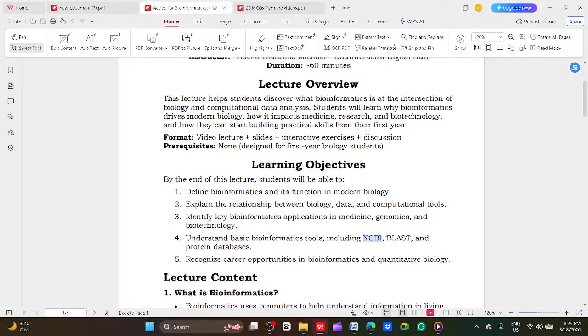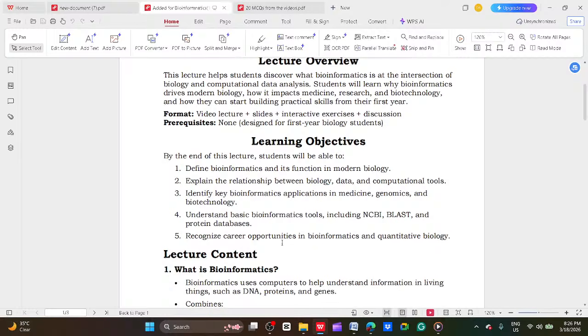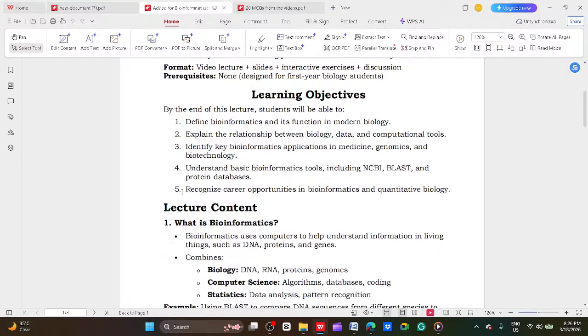We'll learn about this. Then BLAST, that is the Basic Local Alignment Search Tool. Protein databases, you should be able to use all these databases. Then recognize career opportunities that are inherent in bioinformatics and quantitative biology.